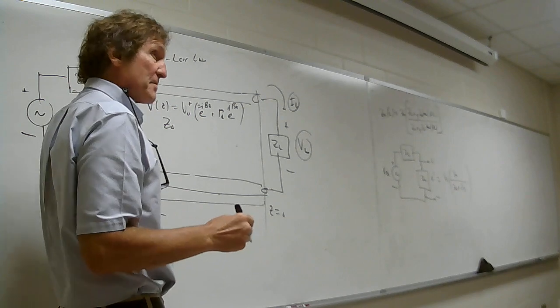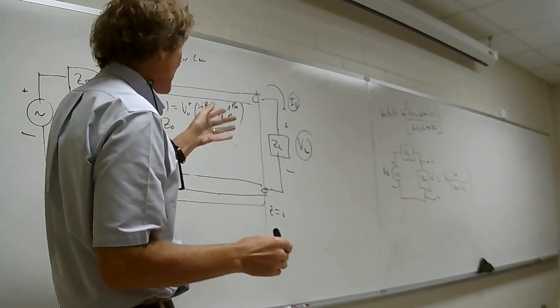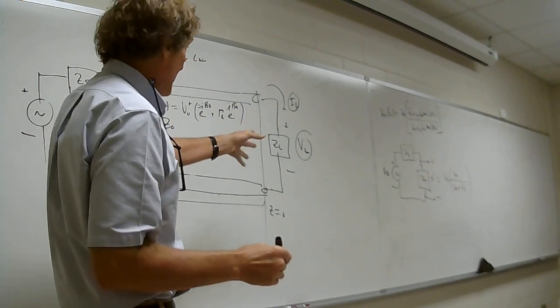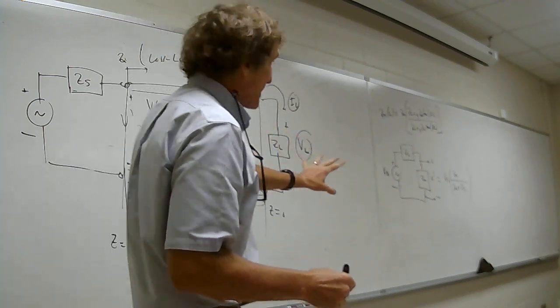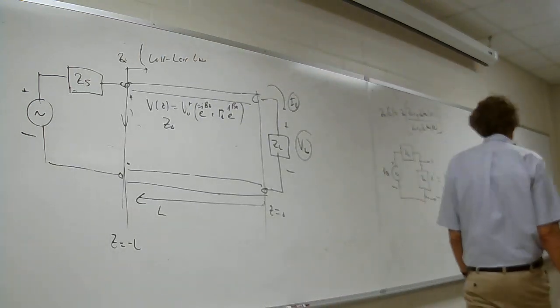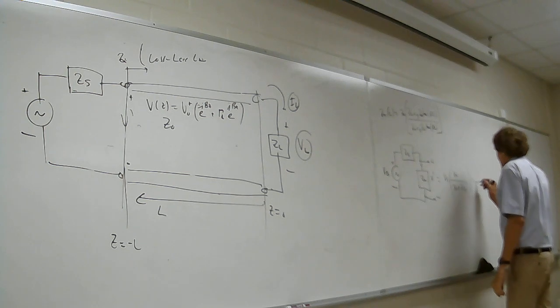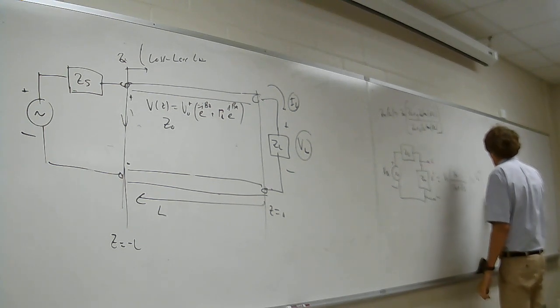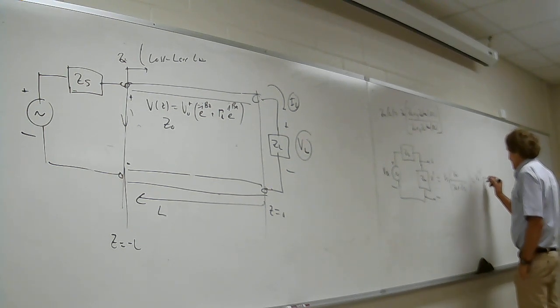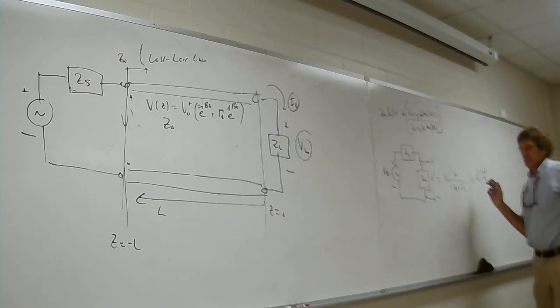Y'all follow me? That's the value of the voltage anywhere on the line. We can get gamma L just by knowing ZL and Z0, right? So I come over here and I say, well, that's equal to V0 plus, and it's going to be times e to the minus j beta. Now take a look at this.